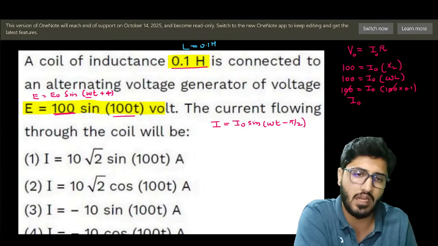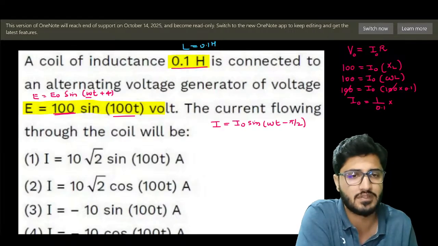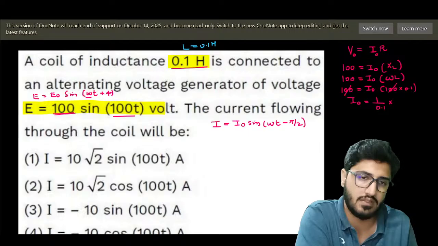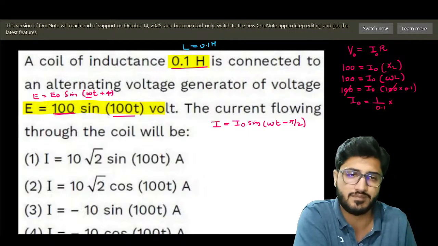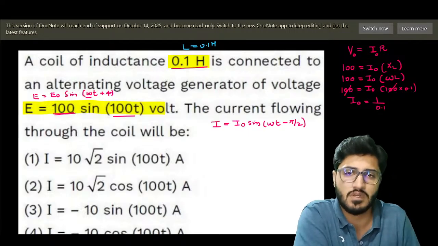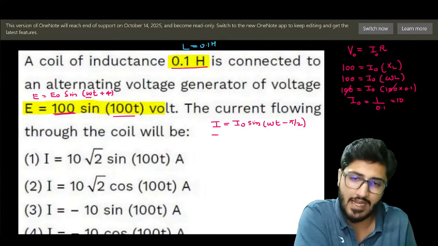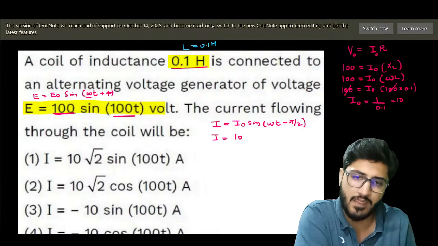So my I naught came out to be 1 divided by 0.1, which is equal to 10. Look, I can write I equals 10 sine omega t, where omega is 100t minus pi by 2.